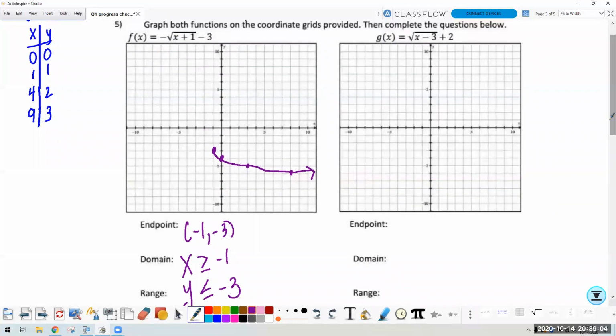All right, let's do G. Let's start with these same parent function points because it's a square root. And this transformation is right 3 and up 2. So I'm going to take every point right 3 and up 2.